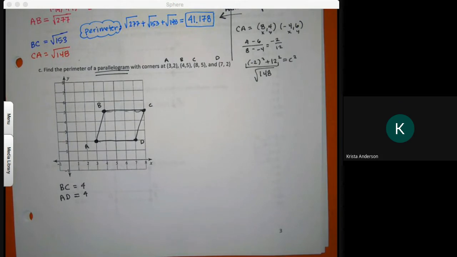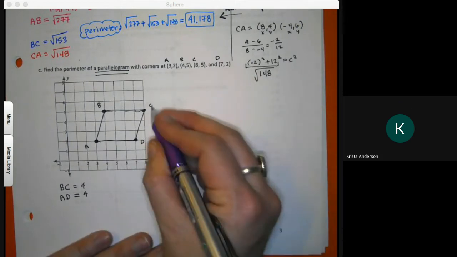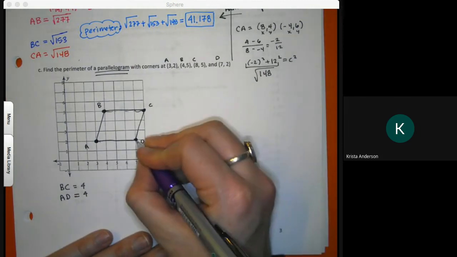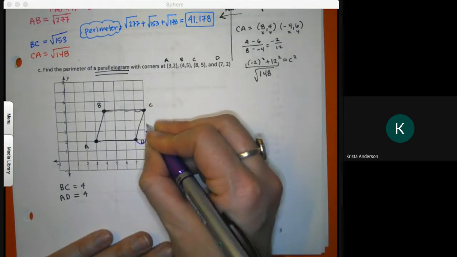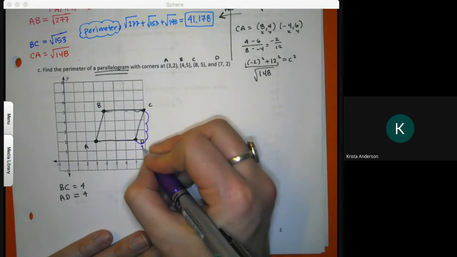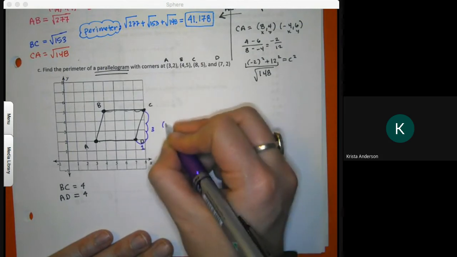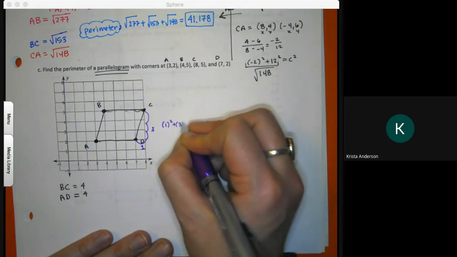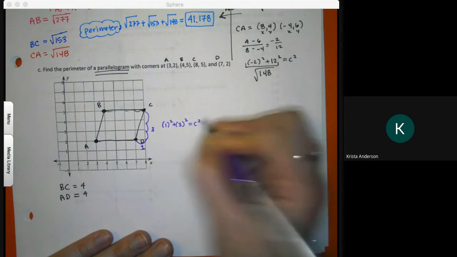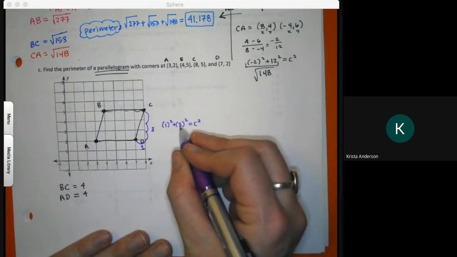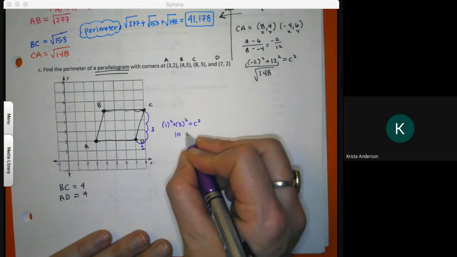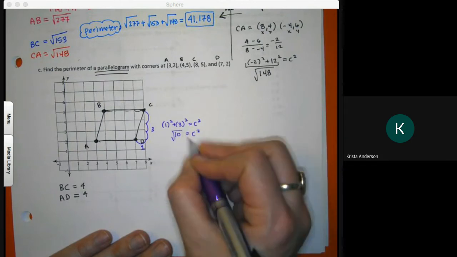If I find the distance for C and D, I'm going to use 1, 3. So I would do 1 squared plus 3 squared. 1 plus 9 is 10. And I square root it.